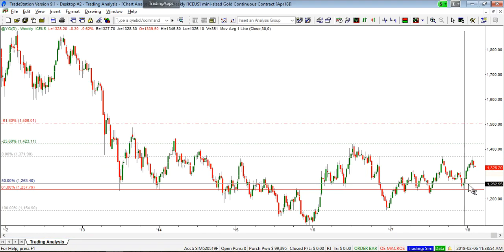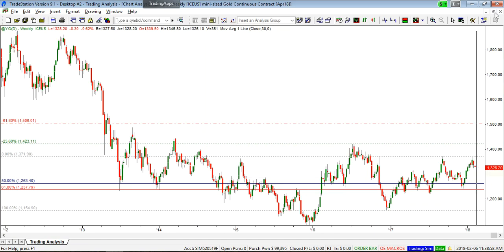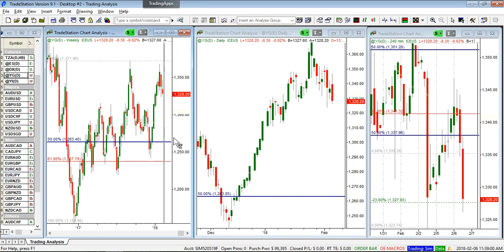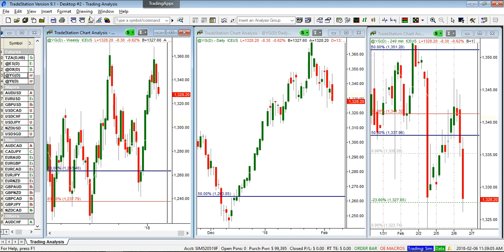Gold continues its correction lower here. When you look at the weekly, the market has printed previous highs and started that correction. So we're going to use in this range the 50% might not hold.